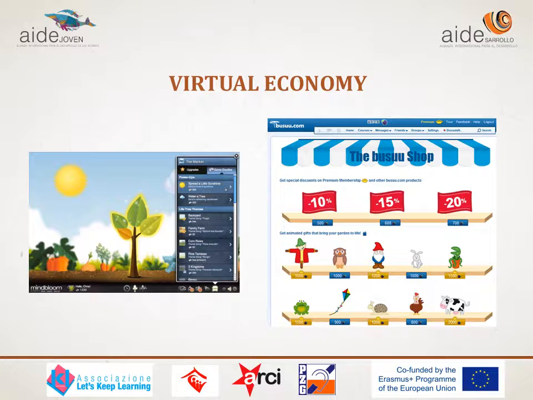this kind of market you see over here. The image on the left is Mindbloom, which is an application to help people with motivation, positive attitude, positive habits, and self-development.